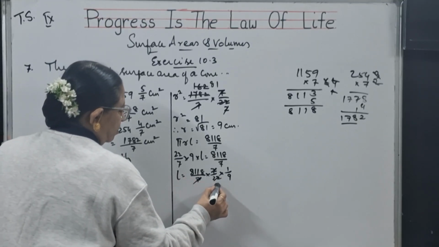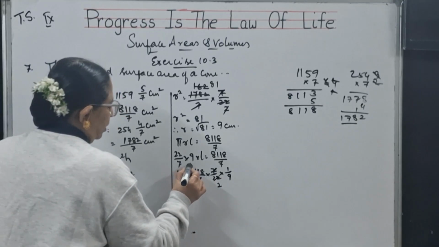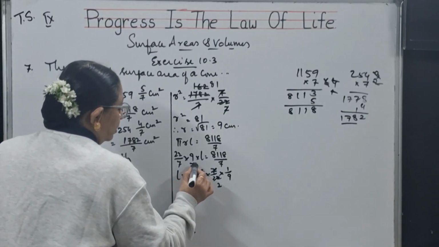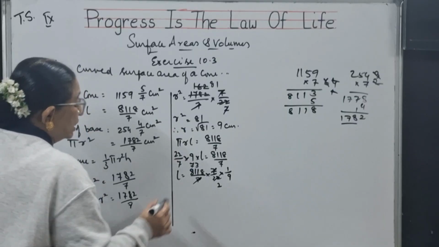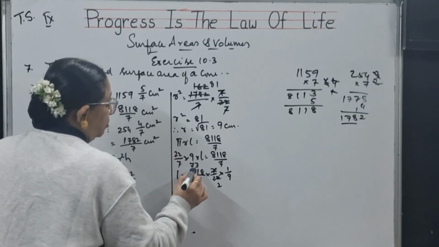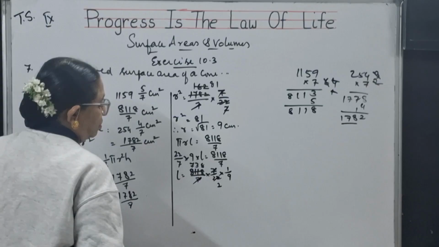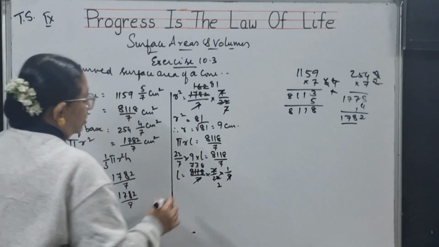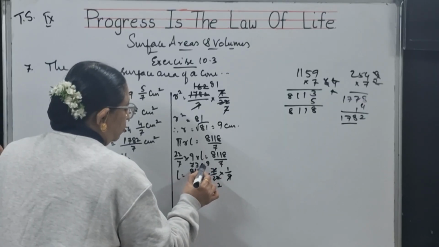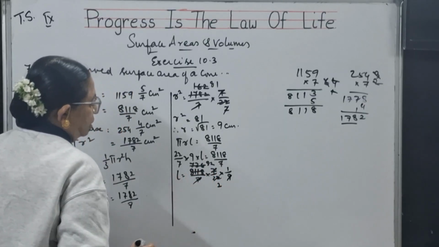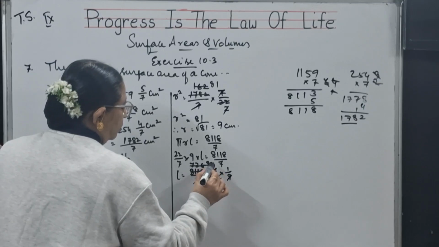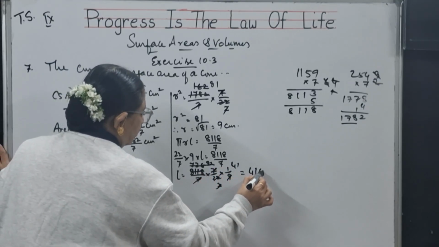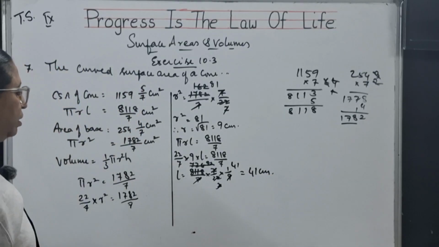Again this can be cancelled by 11. 11 sevens are 77, 11 threes are 33, so you will get 8. 9 can be cancelled with 9. 9 eights are 72, 9 twos are 18. Then you will get 82, which means 41. 41 centimeters is the L value.